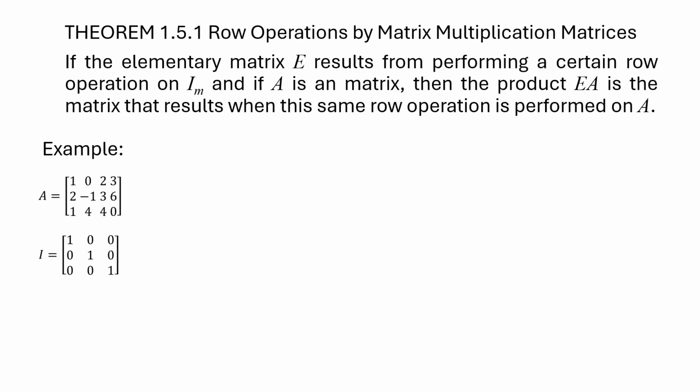Now, if we are going to multiply 3 times the first row of that identity matrix and then add it to the third row, then we can have the elementary matrix.